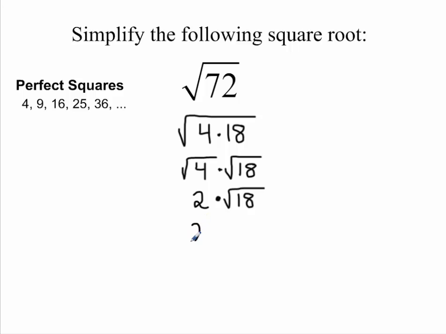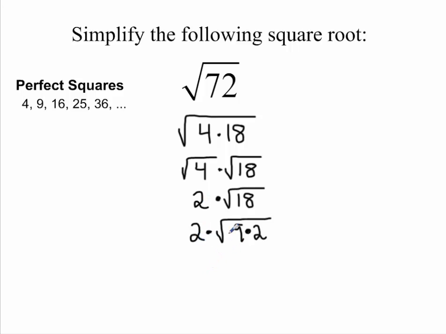So I can rewrite this as 2 times the square root of 9 times 2. So notice it's 2 times the square root of 18. The only difference between this step and this step is that I rewrote 18 as a product of 9 times 2. So we're not going to drop the 2. We need that. That's important.